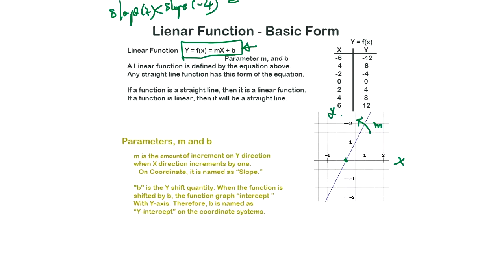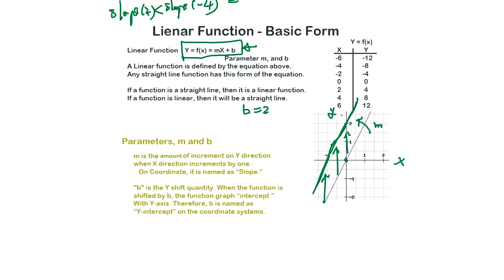But if you add the b, it's shifted y direction. So it's going to be like if b is 2, function will be like this on the xy coordinate, because it's shifted by 2, right? Shifted by 2.